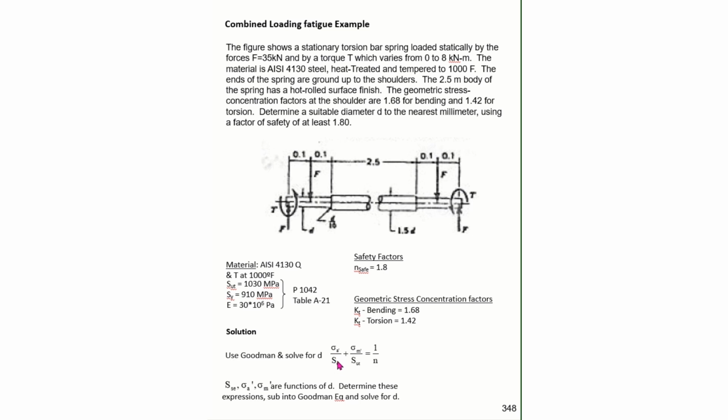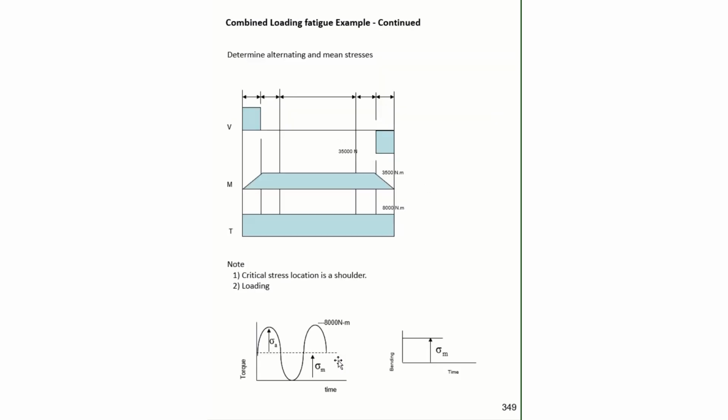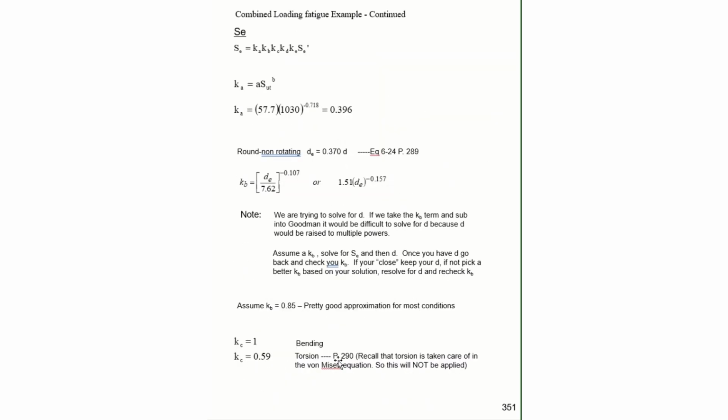And so typically what we do is we simply assume a Kb value, and then we use that value to solve the problem for the diameter so that we don't have to solve a challenging equation for D. So we're trying to solve for D.